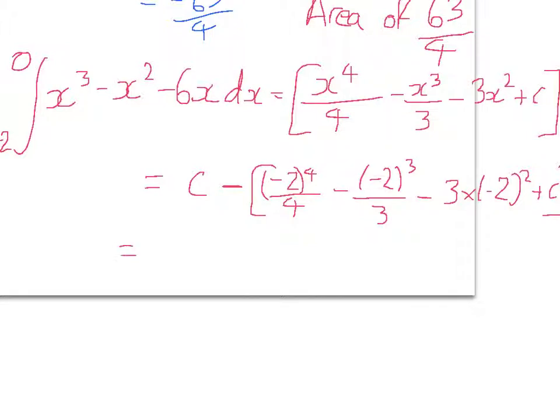So let's sort this out. So minus 2 to the power of 4 is going to be 16 over 4, which is 4. Minus 2 to the power of 3 is minus 8, so it's minus 8 over 3. Minus 2 squared is 4. 4 times 3 is 12, so it's minus 12 plus c.